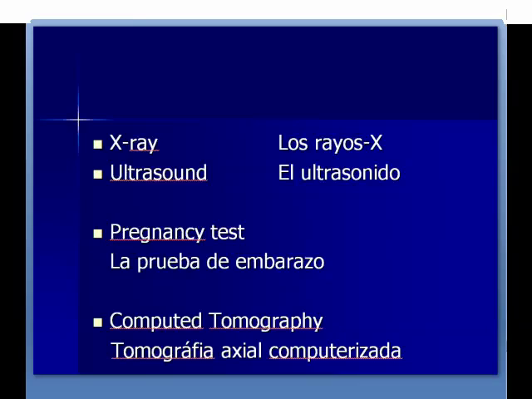Alternatively, a better understood way to say this would be el escaneo, for just simply the scan. And that concludes our lesson on abdominal pain.